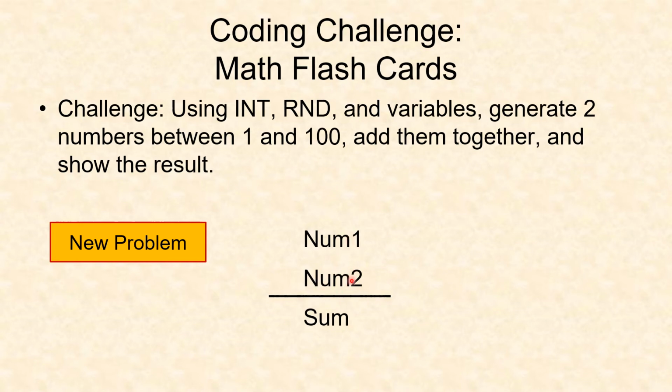So both of these are going to be integers, whole numbers. I'll draw a line on the PowerPoint slide, and then I'm going to create one more text box, and this text box will hold the answer, and in this case I'm going to call the variable that's going to hold the answer sum. So let's take a look at how we might code that.